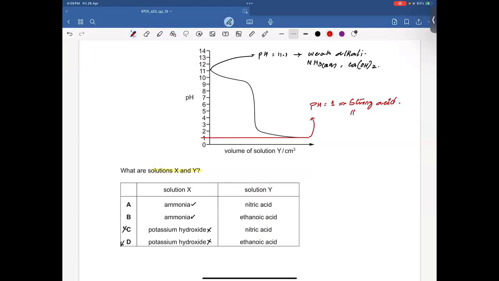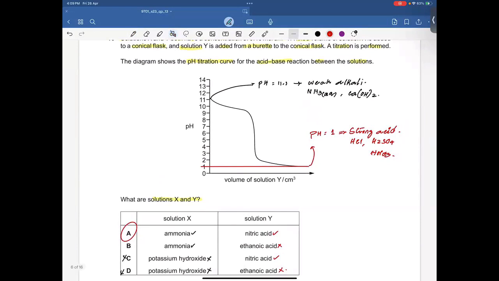A strong acid could be HCl, H2SO4, or HNO3. So let me check what sort of solution Y. Nitric acid is strong, ethanoic acid is weak. So the right answer is going to be A, which means this is the titration curve between a weak alkali and a strong acid.